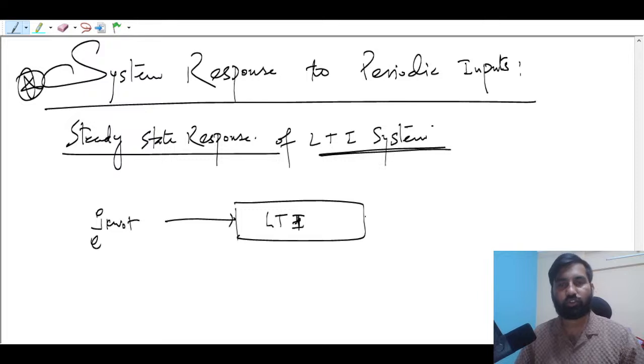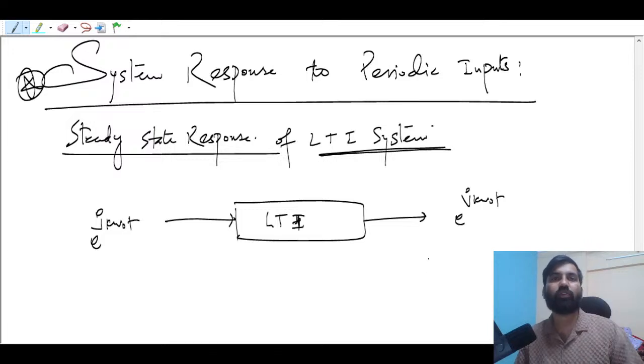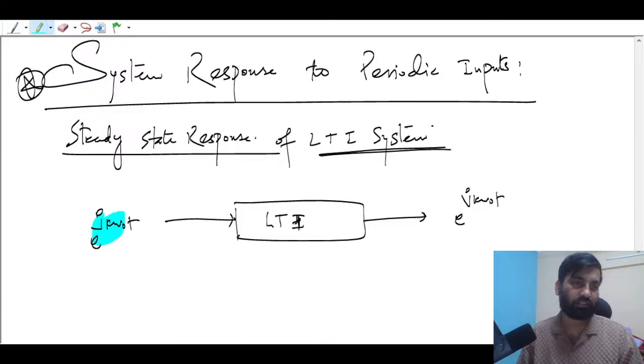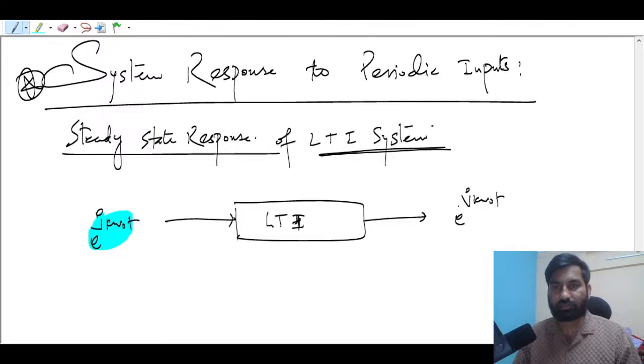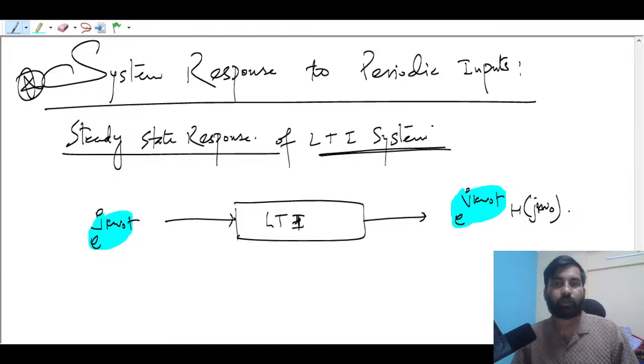The output is also going to be e raised to power j k omega naught t, but there will be one more factor. This is basically called an eigenfunction, right, and there will be an eigenvalue which is nothing but H(j k omega naught), right. So you have to find the frequency response, that is nothing but H(k omega naught), okay.